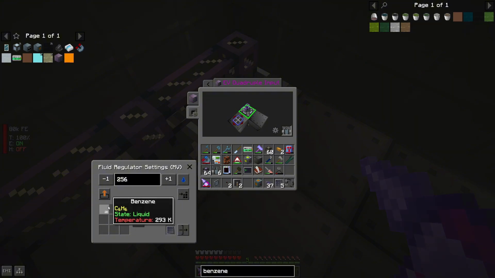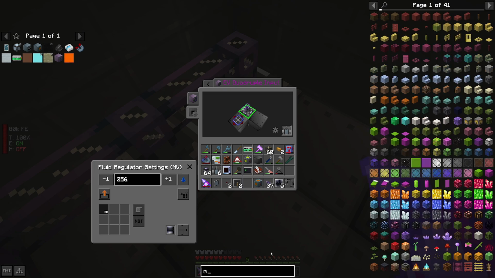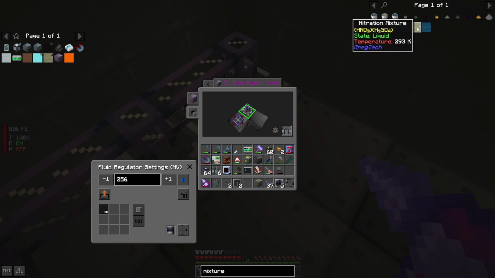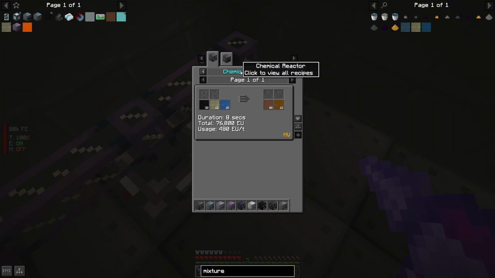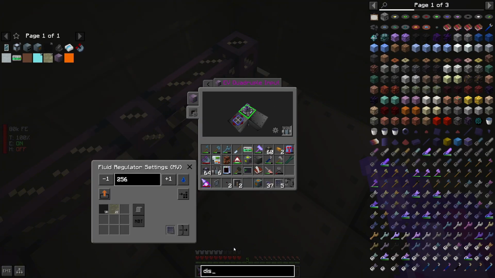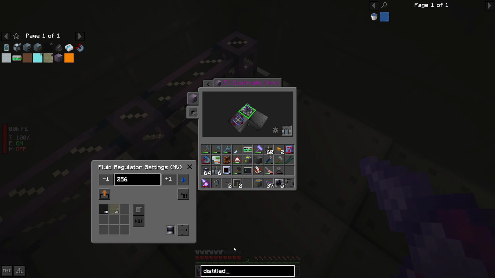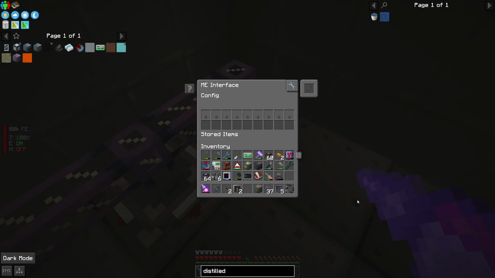Keep it exact. I believe I said it was a 5-2-2 ratio. Yes. Distilled water. Okay. So that should be good. Keep exact. Yes.